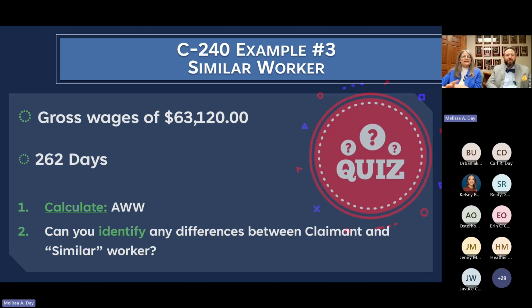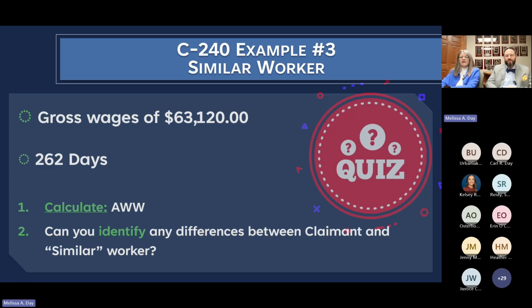Okay, so let's take a look at an example. In your packet, hopefully that is now available to everybody. If you take a look at example 3, this is Outchit's wages again, but our employer has provided us with a putative similar worker. All right, so you can see this individual, Dill Egent, he earned $63,120 during the year prior to the injury and worked for 262 days.